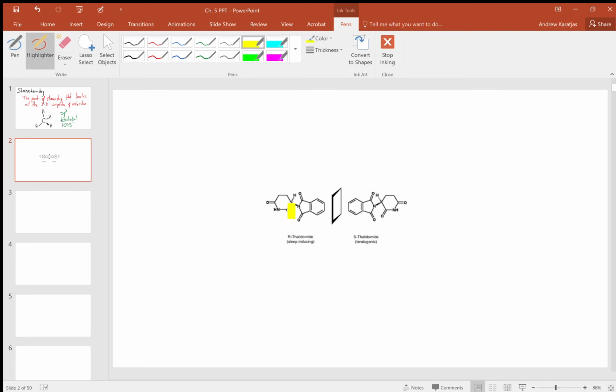If you look carefully at these structures, the only difference in these two molecules is how the atoms are arranged at the center I've highlighted in yellow. Unfortunately, the molecule on the left was okay, but the one on the right caused significant birth defects.